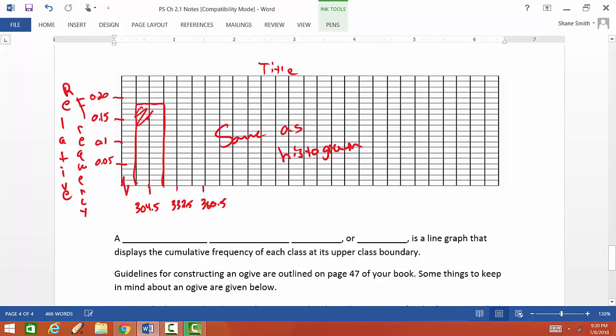So notice that because I'm using the midpoints, and again, this is not just for a relative frequency histogram, this could be for a frequency histogram too, but just notice that the midpoints are underneath the center of the bar. Okay, so the next one would be 0.13.